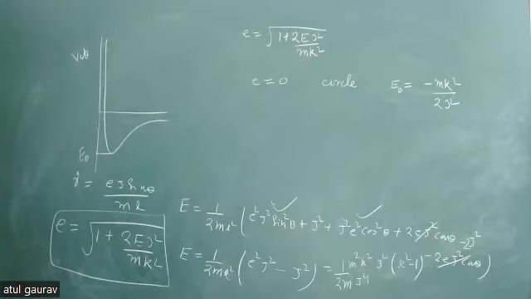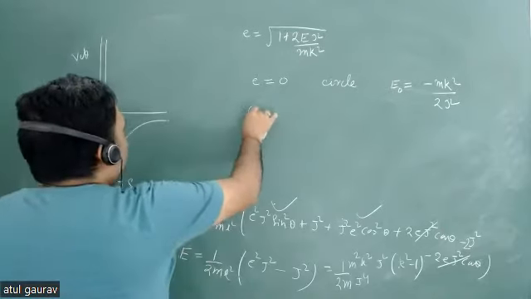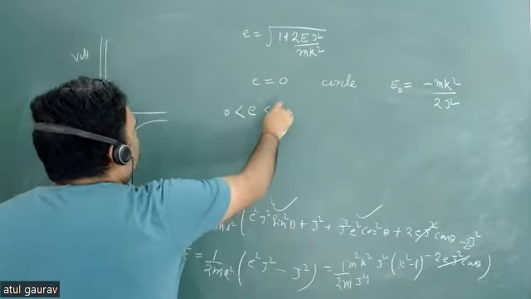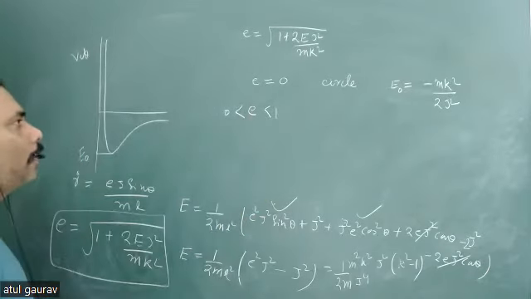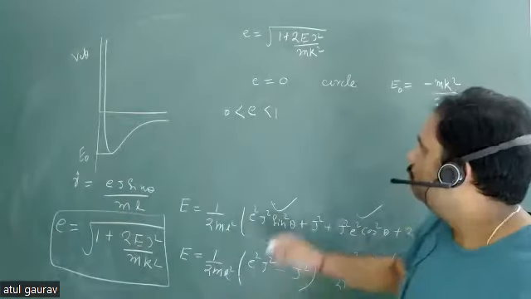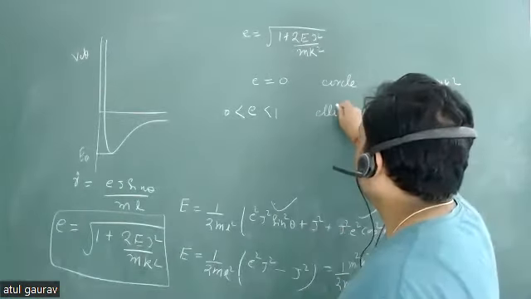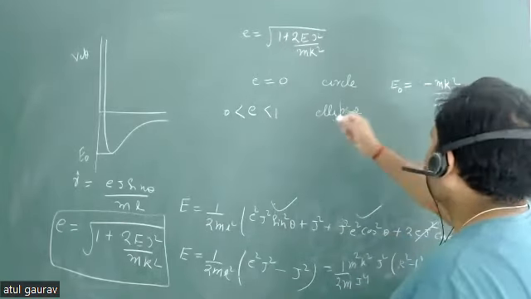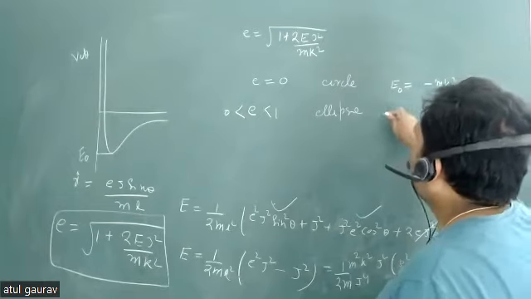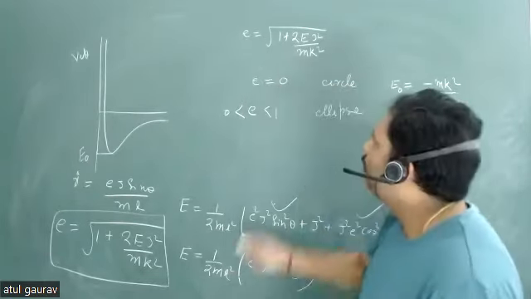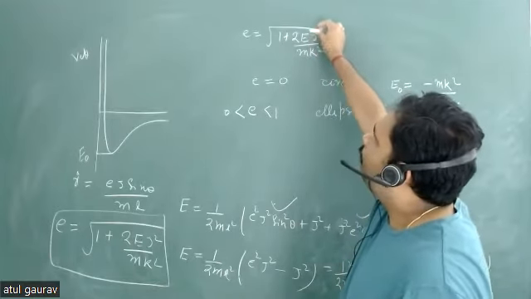Okay. Now, if your eccentricity is between 0 and 1, what should be the nature of the orbit? Ellipse. The nature of orbit is ellipse. And now you can see this eccentricity must be a fraction. That means the energy has to be a negative value.